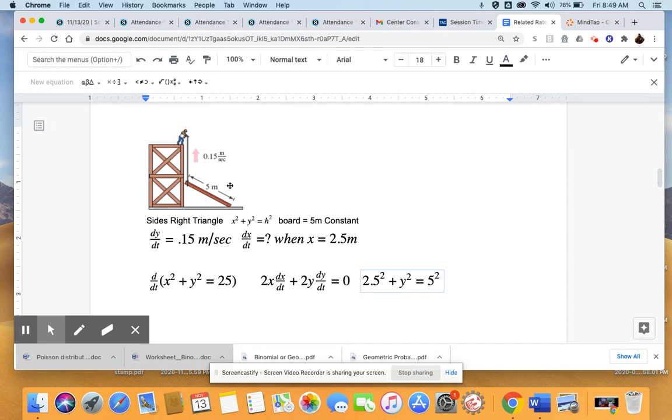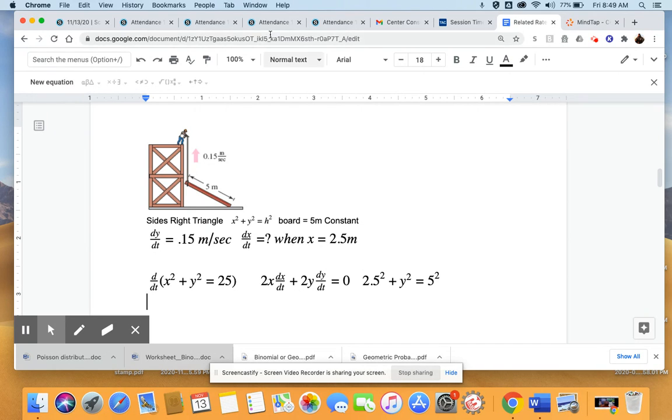We should get, I believe, 4.33. And we'll double check that. Yep, about that. So we're going to say that our y value should get that y equals 4.33.